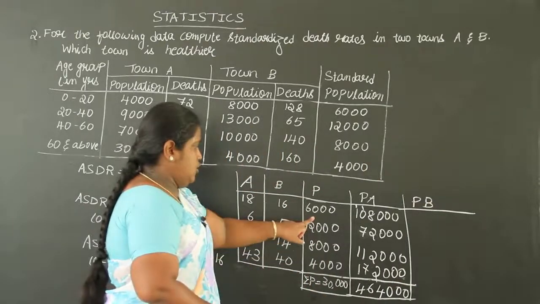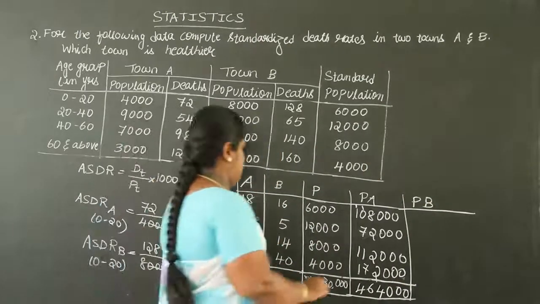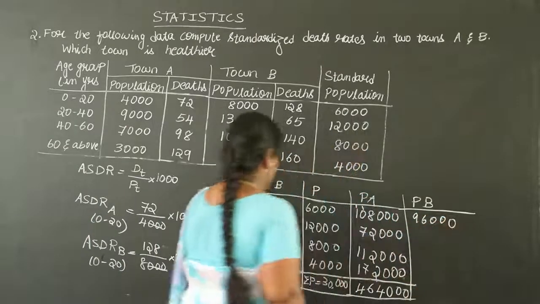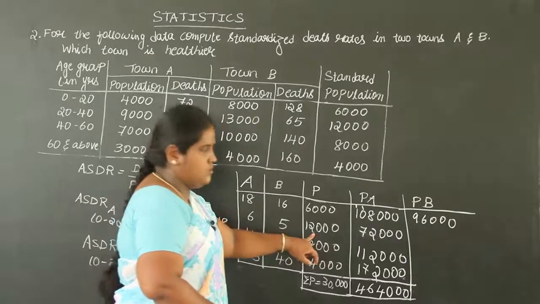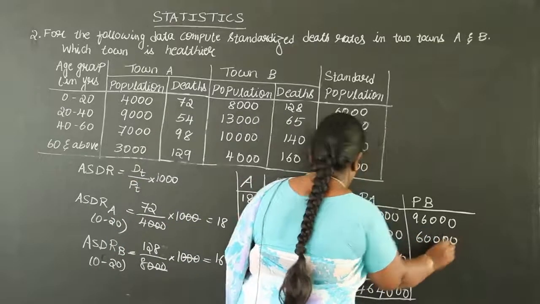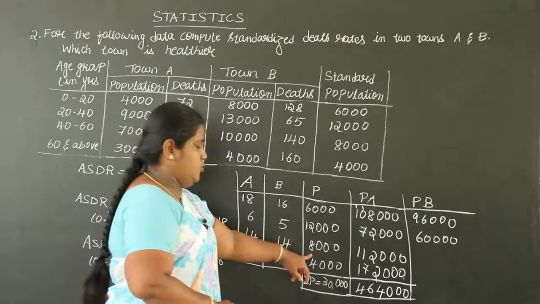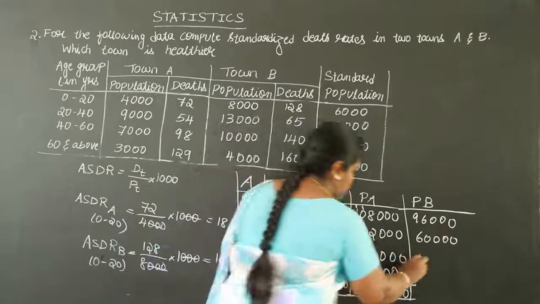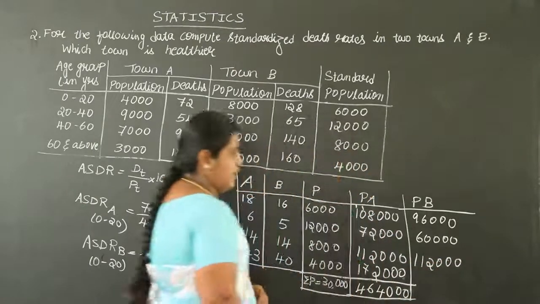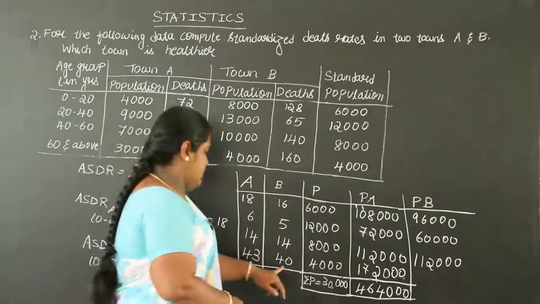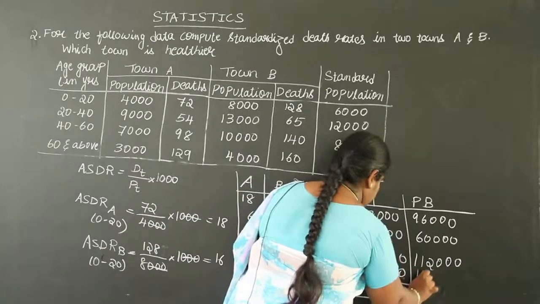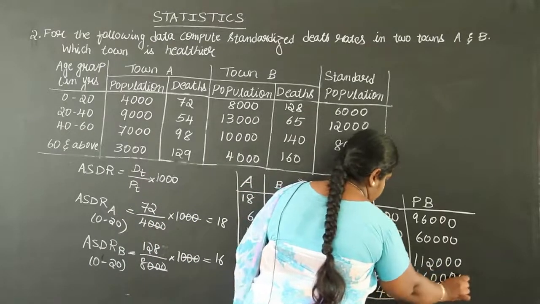Then 16 into 6, it is 96,000. Then 5 into 12,000, 60,000. Then 14 into 8,000, we'll get 1,12,000, and the last one, 40 into 4,000, so 1,60,000.